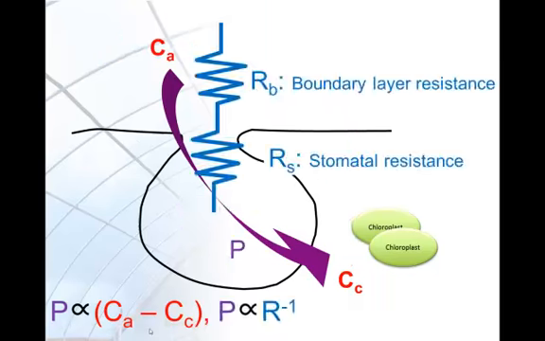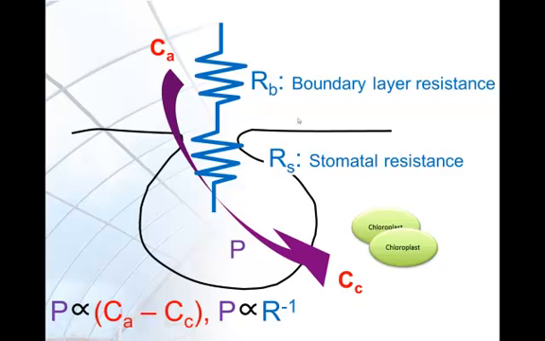And in the pathway of diffusion, there are two measurable major resistances involved. So this diagram is showing the diffusion with the two resistances. One is the boundary layer resistance, which is associated with the layer called the boundary layer, created over the surface of the plants due to the friction of moving air over the surface of the plants.